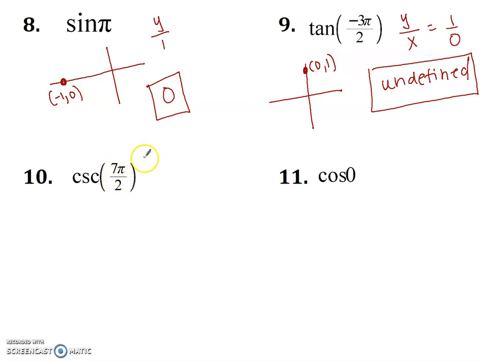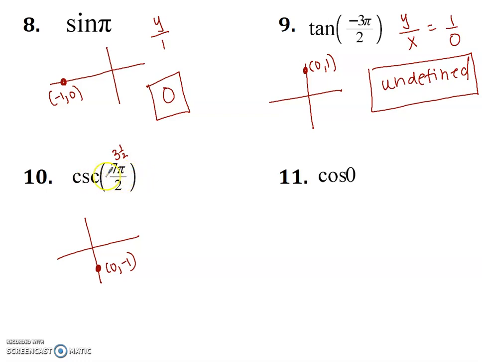Now, cosecant of 7 pi over 2. 7 pi over 2 is 3.5. So I'm going to go 1, 2, 3.5. This is down 1, so that'll be negative 1. Cosecant goes with sine.